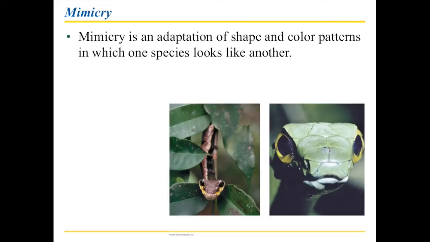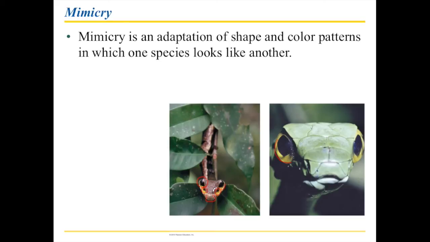Now, if you look at the back end of the caterpillar here, you can see there are the eyes, even framed by yellow. You can see the nostrils right there. You can see the tip of the snout, and you can see the rest of it, and it looks as if it even has scales on the top of the head.